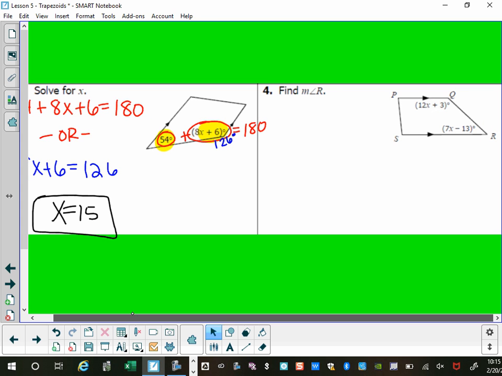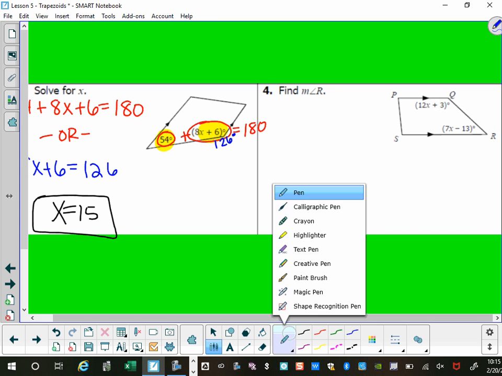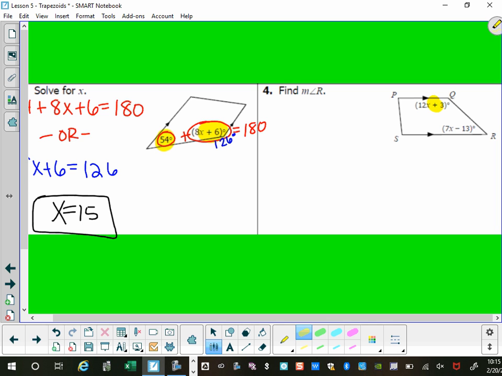All right, so then it says, find the measure of R. So I have same side angles. They're going to equal what? 180. So on the same side, I have 12x plus 3 plus 7x minus 13 is equal to 180. If you like solving by hand, that is completely okay. You can do that.